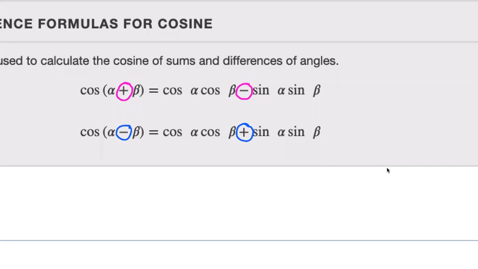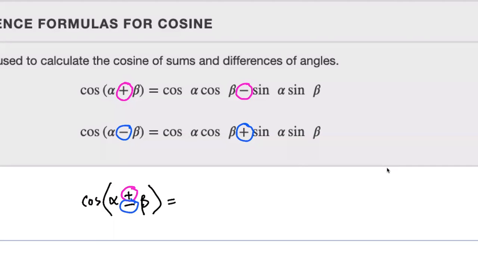So when we write our cosine one as a single formula, we can still write cosine of alpha plus or minus beta. Okay, so that part still stays the same. We can put the plus and minus together in a single equation, okay?